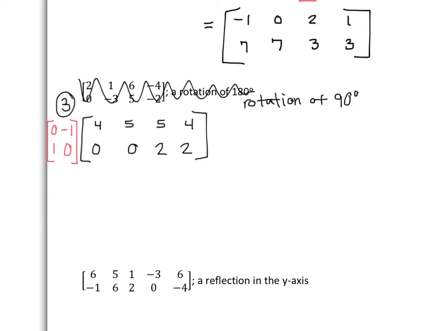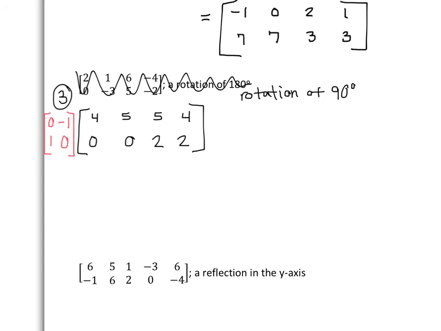Now let's see if y'all remember how to multiply from yesterday. This is a 2 by 2 multiplied by a 2 by 4. So what is my resulting matrix dimensions going to be? 2 by 4, because we take the outside numbers.